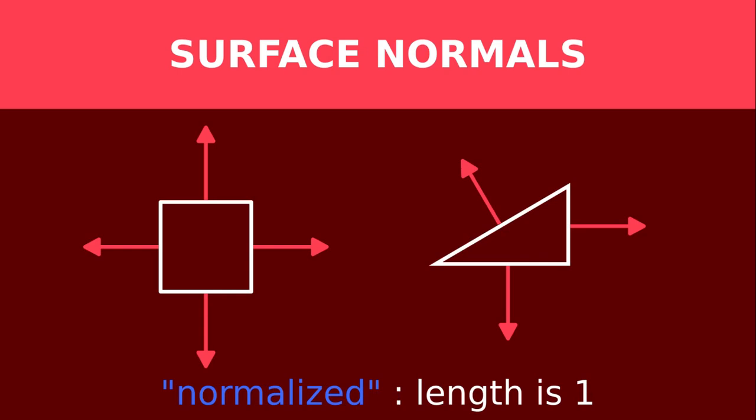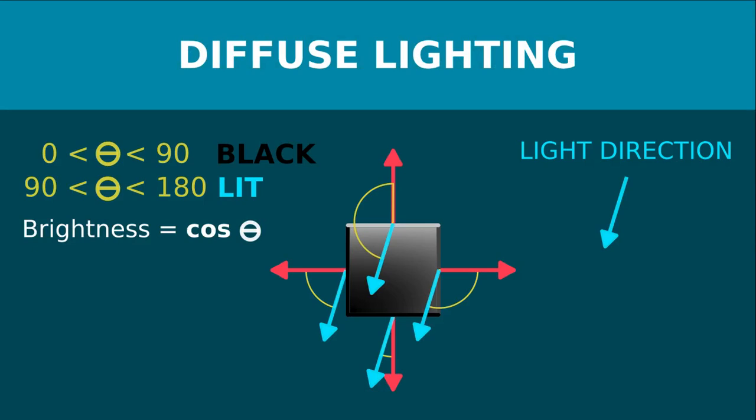That's because you don't need any information about magnitude when you're talking about what direction something is pointing. Now, we are specifically focusing on a type of lighting called diffuse lighting, and diffuse lighting is determined by the angle from the surface to the light direction. So let's look at a visual of what's going on here.